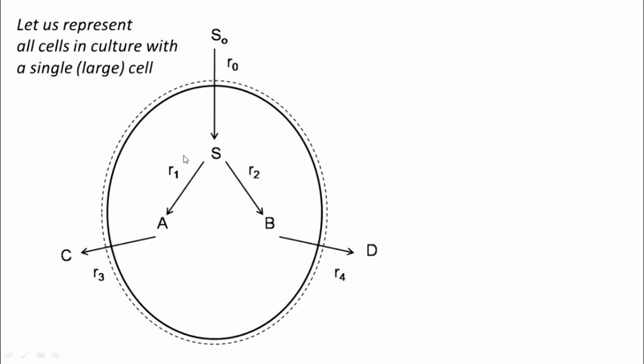This R1 is moles per time, and it gets converted to B at the rate of R2 moles per time. B gets converted to D at the rate of R4, which comes outside. A gets converted to C at the rate of R3, which also comes outside. Okay. So this is the situation here. Let us say that this is some important metabolic pathway that is happening in the cell. This is the case.